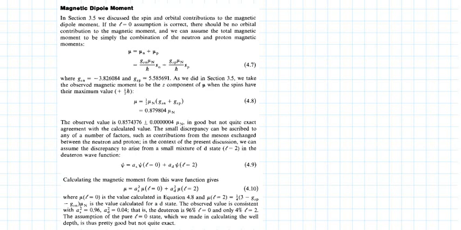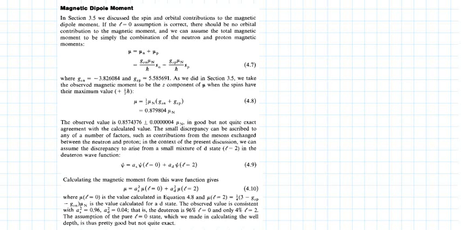The admixture should be in this proportion: 96% L equal to 0 state and 4% L equal to 2 state. If you calculate the magnetic moment in this linear combination, you see that the calculated value matches the experimentally observed value.